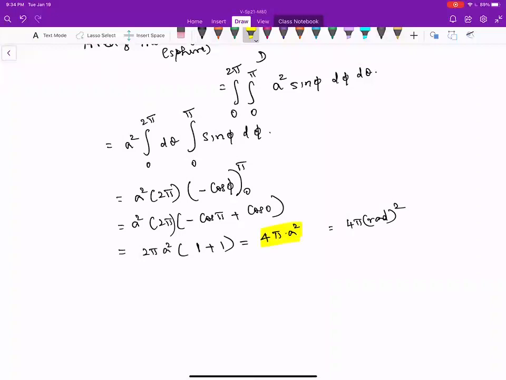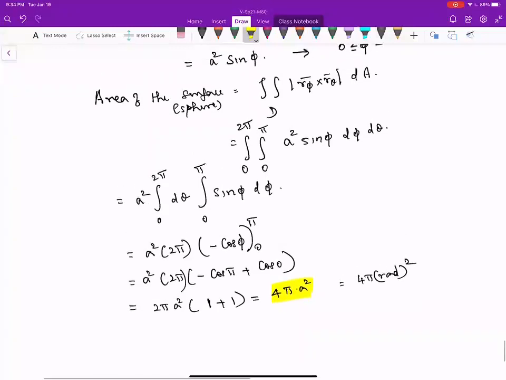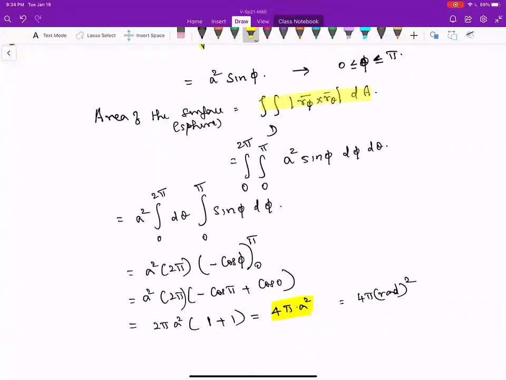So what we have done in this problem is the parametric way. So representing the sphere in the parametric form, then finding the area of the surface using the formula of parametric representation. Hope this video helps.